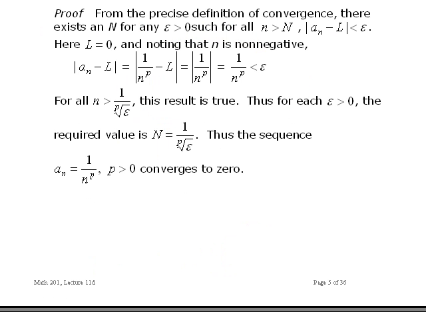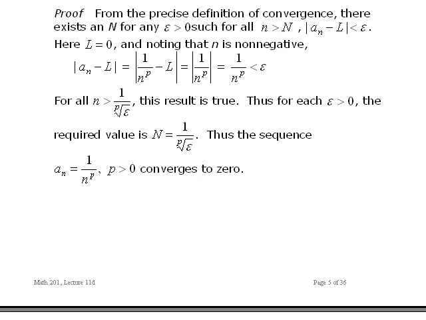Let's look at the precise definition of convergence to see if we can prove the result about the P sequence. You have different results for the P series than for the P sequence.